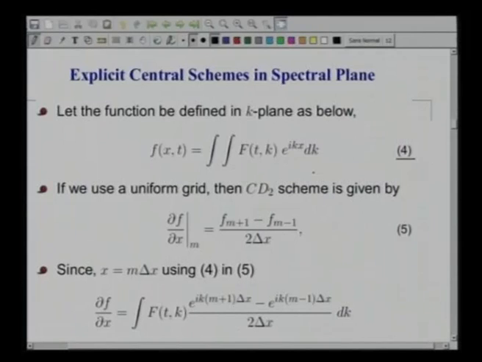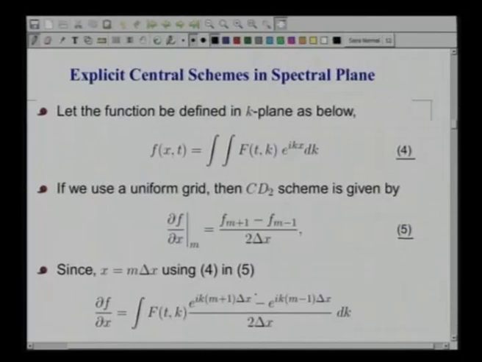If we use a uniform grid, then what we usually do is we represent the derivative like this, that we have just now seen. And if we now substitute 4 in equation 5, noticing that x is equal to m times delta x, then I would get the Fourier amplitude retained as it is, and in the phase I will write e to the power i k (m plus 1) delta x minus e to the power i k (m minus 1) delta x. And you notice that e to the power i k x is nothing but e to the power i k m delta x.